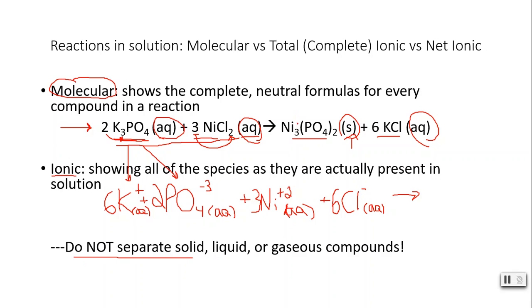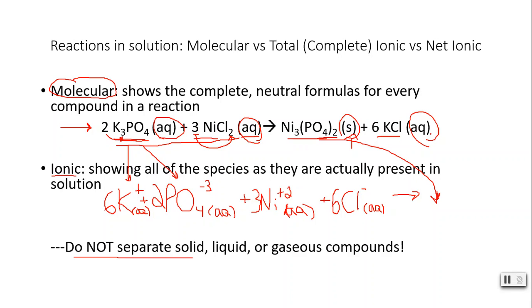So in my total ionic equation, this bad boy just stays together. So in the total ionic equation, you would just write that as it is. But you would, however, split apart the potassium chlorides because they are aqueous. And specifically, there would be 6 potassium ions and 6 chloride anions.